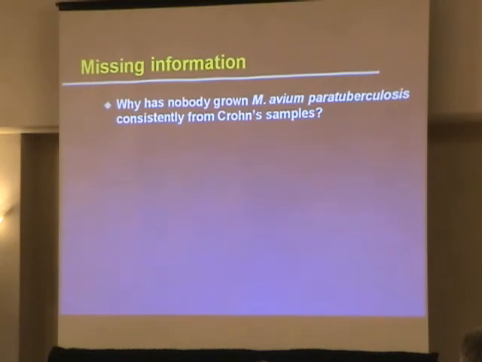So why? Why is that? You know, if it's really the cause of Crohn's disease, somebody should find it and should grow it like every other infectious disease. So you have to be very careful when you have selective information in favor of a hypothesis. You tend to forget about the information that is against that hypothesis.